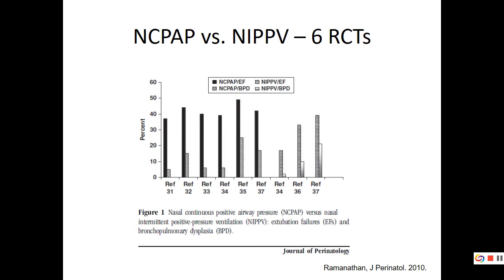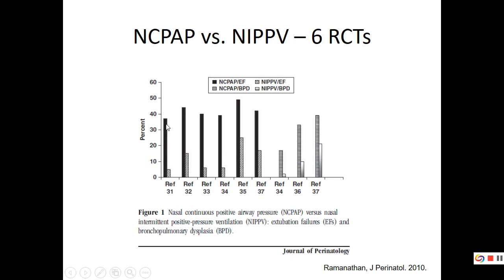This was a paper looking at several different studies comparing extubation failure, whether or not you use nasal IMV or CPAP. And basically over here, so ignore these bars over here, that's looking at BPD.